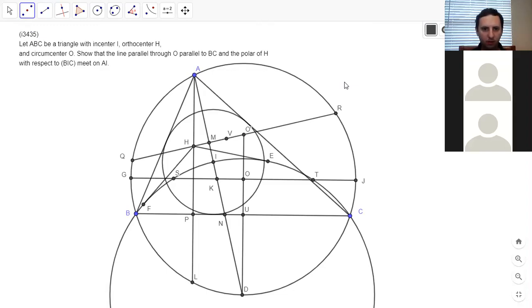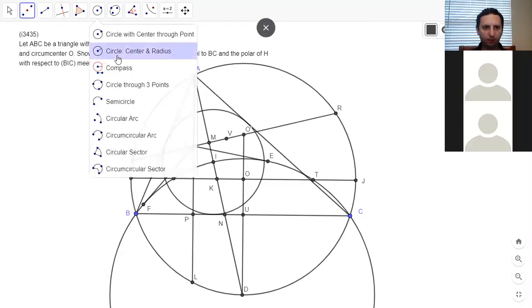Okay. It's easy to see that U is the midpoint of O prime D, right? Yeah, because DO times DO prime is equal to DU times the diameter. Okay, so hold on one sec.